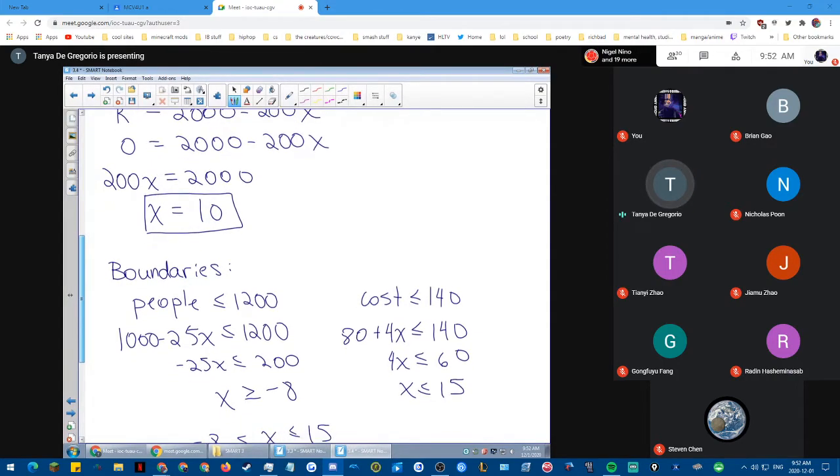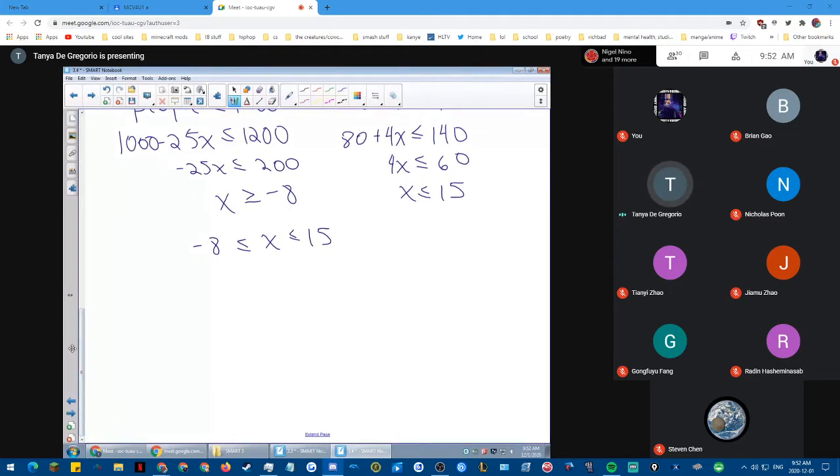And now we got to check those boundaries and make sure that they don't produce a higher revenue. Okay? So, the revenue when you decrease the price 8 times. The revenue when you increase the price 10 times. And the revenue when you increase the price 15 times. Tell me what you get for each one.